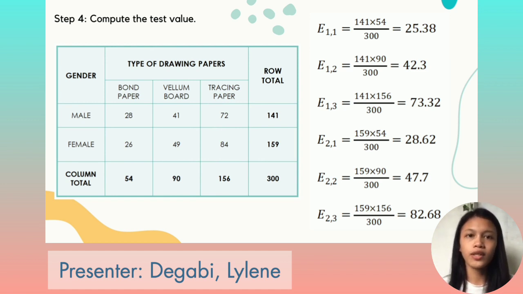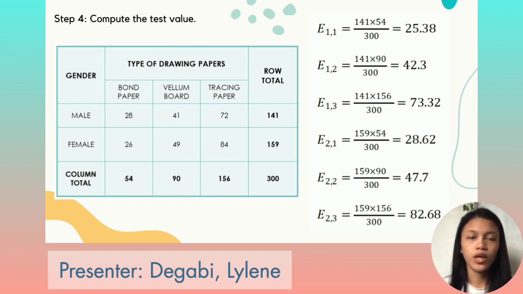In row 1, column 2, 141 times 90 divided by 300 is equal to 42.3. In row 1, column 3, 141 times 156 divided by 300 is equal to 73.32. In row 2, column 1, 159 times 54 over 300 is equal to 28.62.